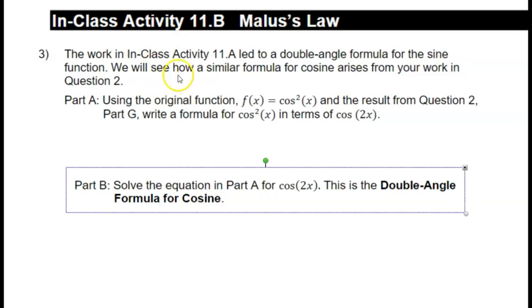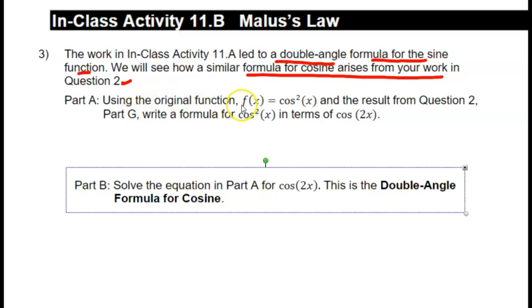Part 3. In the work in class activity 11A led to a double angle formula for the sine function. We will see how a similar formula for the cosine arises from your work in question 2.